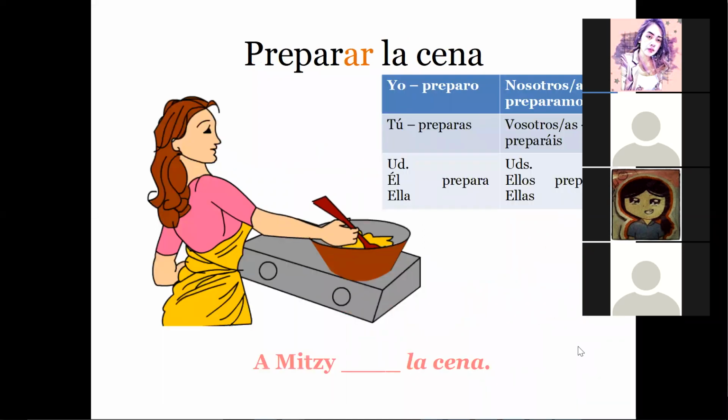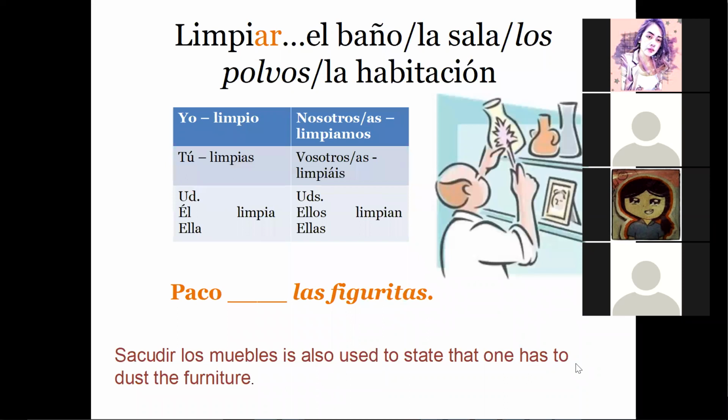Next, guys, I'm gonna make it a little bit faster so we can do everything. Okay. And it's almost the time. Mitzi prepara la cena. Very good. Okay. Muy bien. Okay. Paco blank las figuritas.